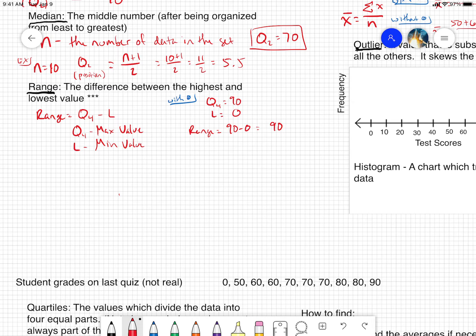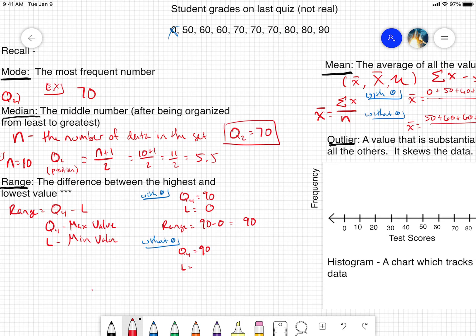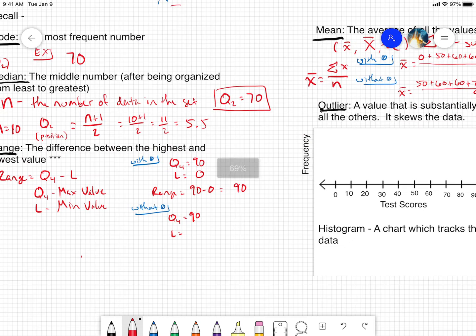Now, if I take out 0, my highest value is still 90, but my lowest value is now actually 50.